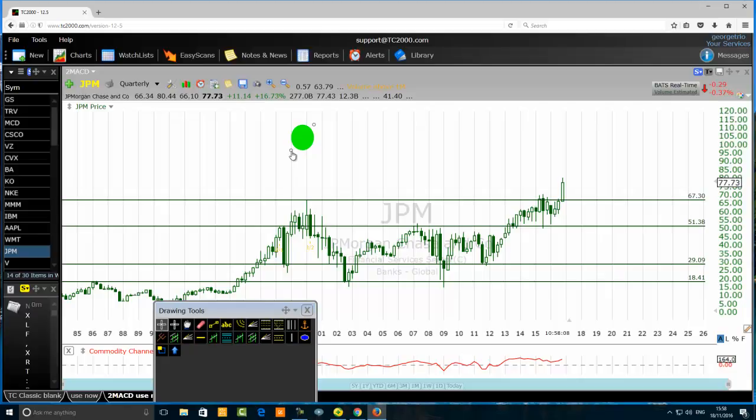Also, at the end of a bullish ABCD chart pattern, at point D we are likely to see a bearish candlestick pattern.